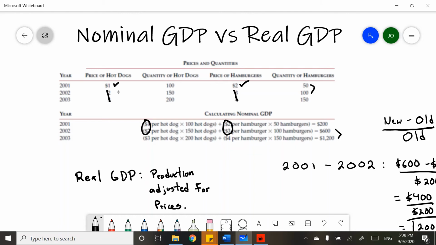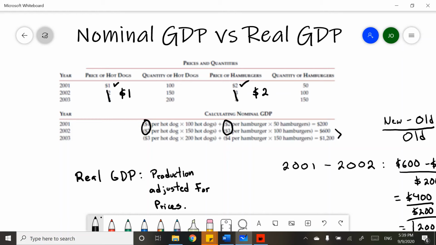So instead of having prices change, this price will always be $1. And instead of having the price of hamburgers change, this price will always be $2. Now the prices are adjusted. Now the only thing that we see changing is our production. The prices are going to stay steady, adjusted.